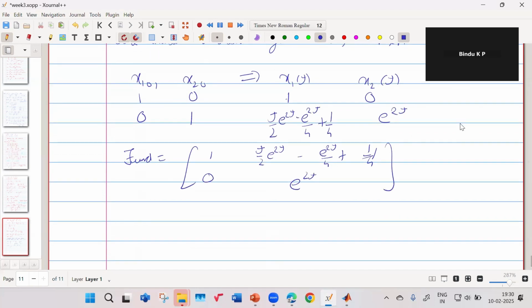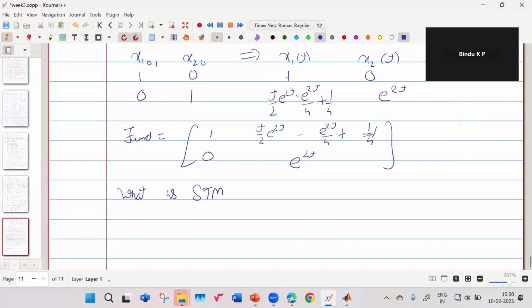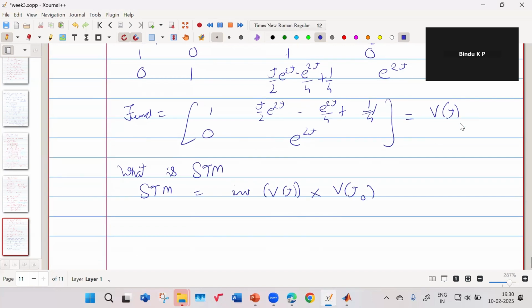Now, what is the state transition matrix? Let us say the fundamental matrix is v of t. The state transition matrix is the inverse of v of t into v of t0, where t0 is some initial time.